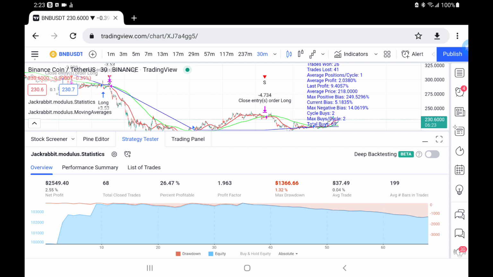Hopefully this has helped you see the difference between long-term trading, short-term trading, and specifically how to trend trade. You don't need a lot, but you do need to understand the very simple basics.